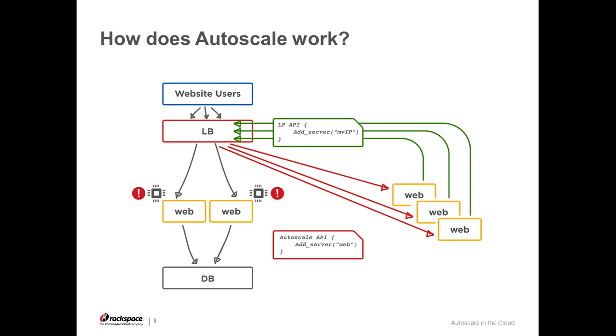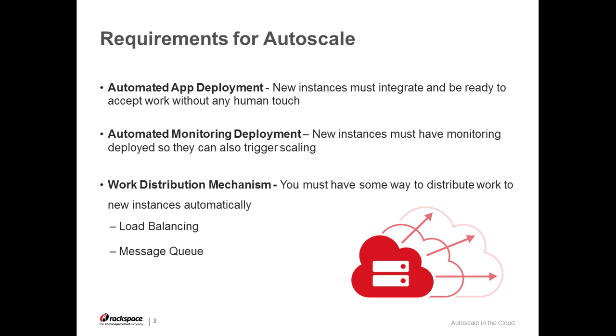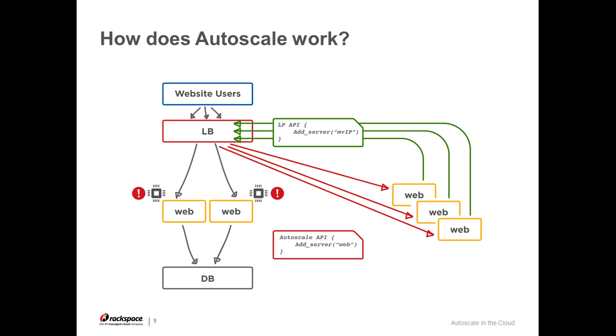The second thing that you need to do is automate your monitoring deployment. That kind of ties into the automated application deployment, but I've separated that out because it's of particular importance, and it's something that people don't always consider. Going back to the example again, these new web servers we are creating, as they come online, they also need to register themselves with your monitoring system.